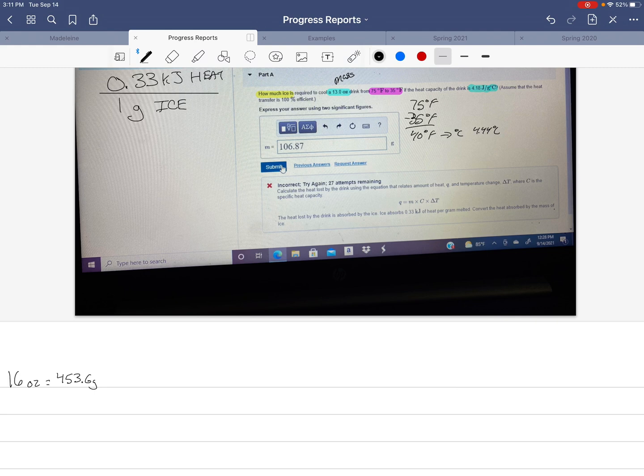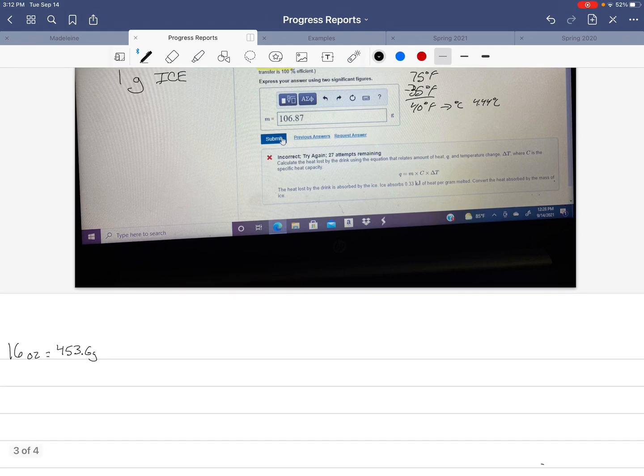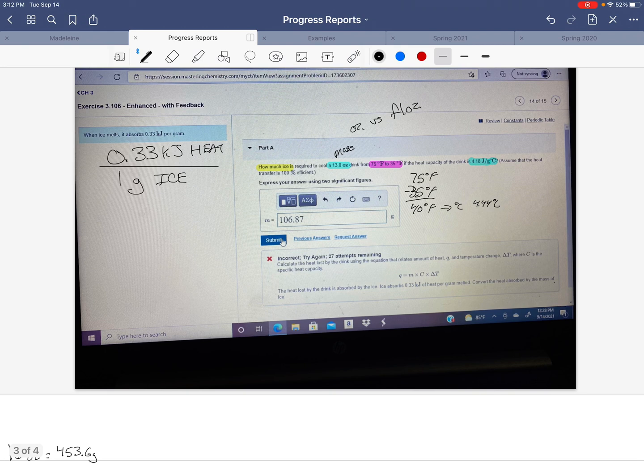It should be closer to 20 degrees Celsius, because you're looking at a delta T. So we actually need to change both of these individually, which is why your author makes you do this. We have to convert the ounces to grams, and do each temperature to degrees Celsius, and then we can go on from there.